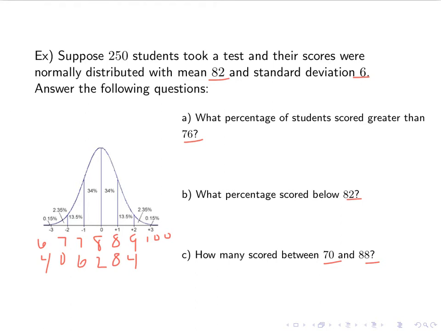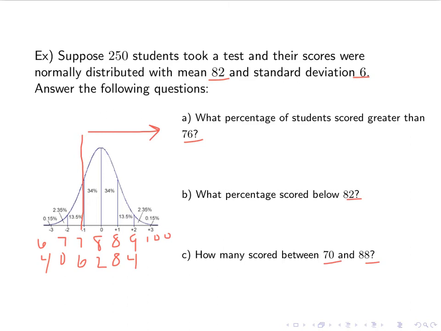Okay. So going back to the first question, what percentage of students scored greater than 76? I'm going to look at my picture, find 76, which is my -1, and then I want the percentage of students who scored greater than 76, so that is numbers to the right.